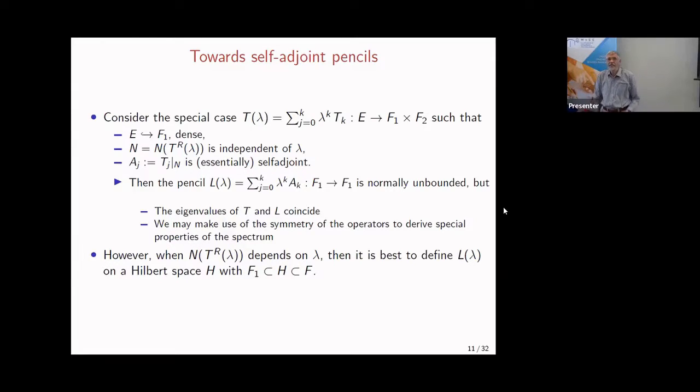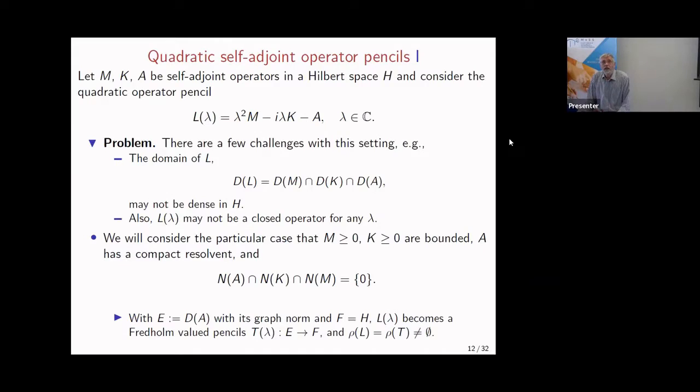One has to extend that F1 a little bit, between F1 and F1 cross F2, to a Hilbert space H, which essentially takes care of the lambda dependent boundary condition. For quadratic self-adjoint operator pencils, let MK be self-adjoint operators in the Hilbert space H, and consider the quadratic operator pencil L of lambda.